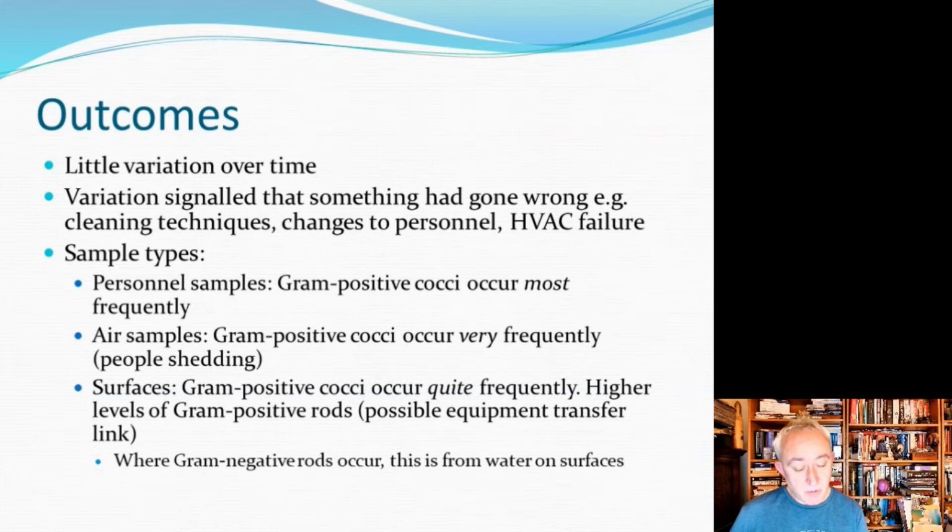Surfaces are relatively high in gram-positive cocci, but here there can often be a reasonably higher proportion of gram-positive rods and particularly occasional spore formers. And where gram-negative rods occur, unless they are things like Acinetobacter that might have a personnel connection, so you might find Acinetobacter in changing rooms along with Paracoccus yeei, then most gram-negative rods do have a water connection.